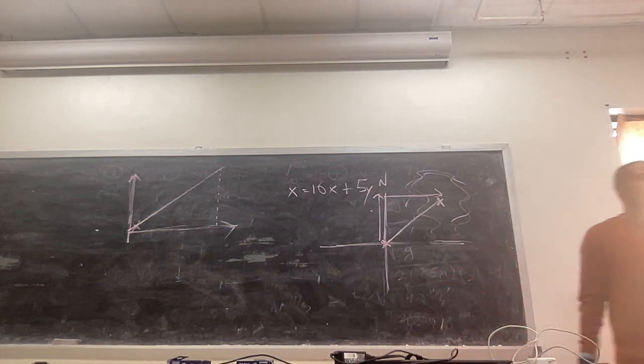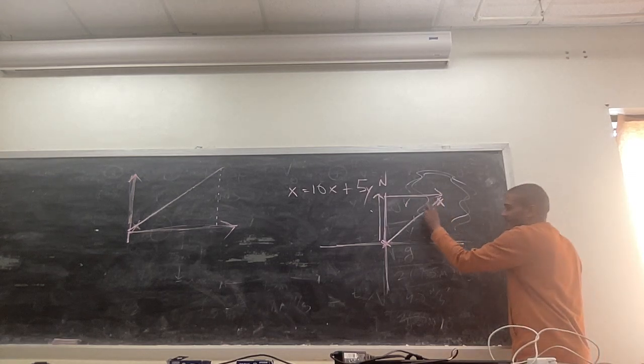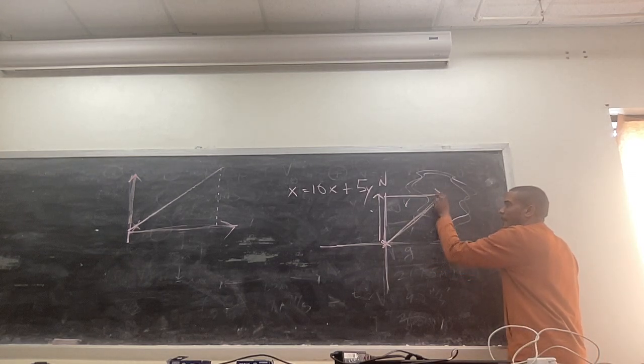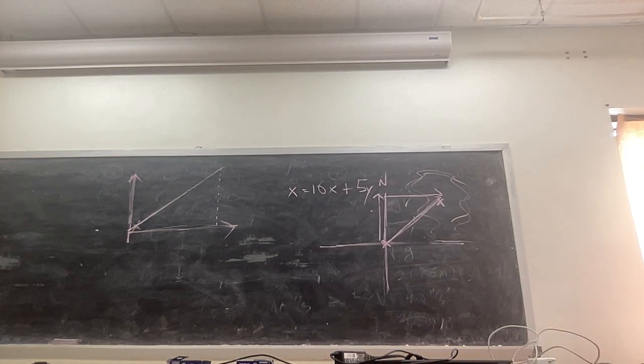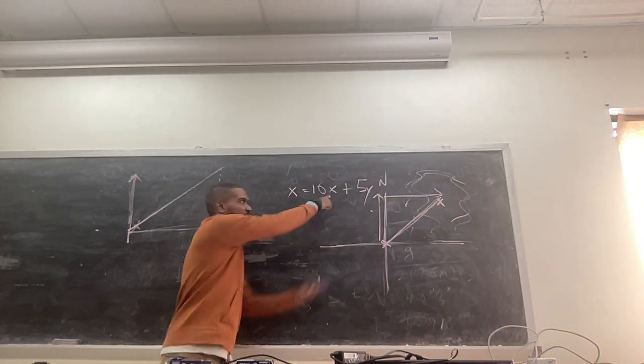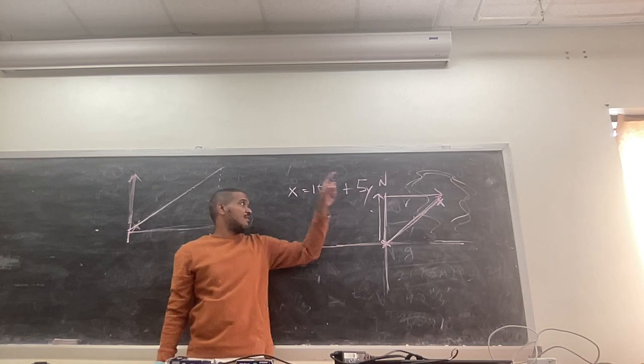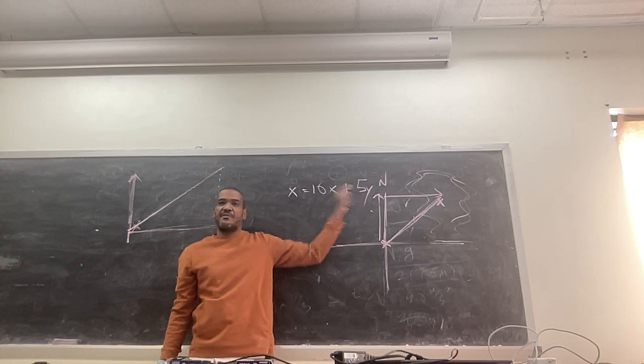Go straight there, which is shorter. Saves me some time. And what do we call this right here? Hypotenuse of the triangle. Yes, sir. That's the hypotenuse of the triangle, right? And the triangle has x component of 10, has y component of 5.